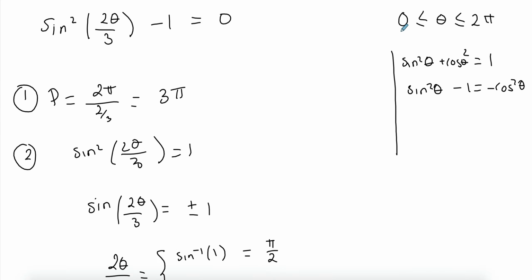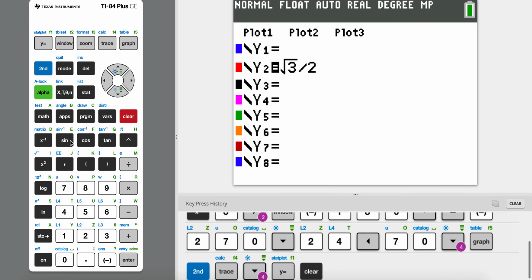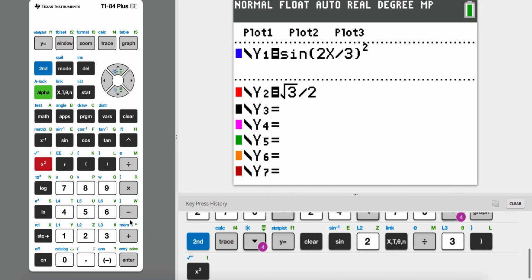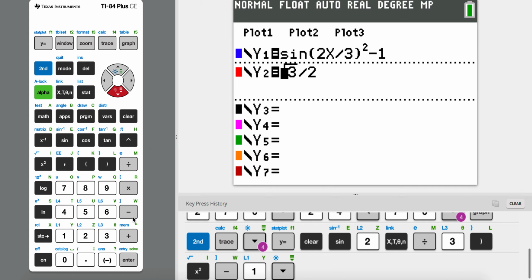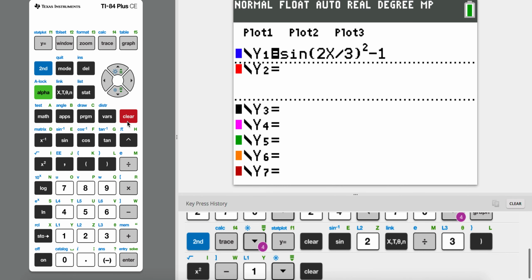Now, it would make sense, as I said, the period is 3 pi, which means the function has been stretched. So let's see what that looks like. So sine of 2x over 3, and then this whole thing is squared, minus 1. We want to see when it is equal to 0. We don't need to write the 0 there.